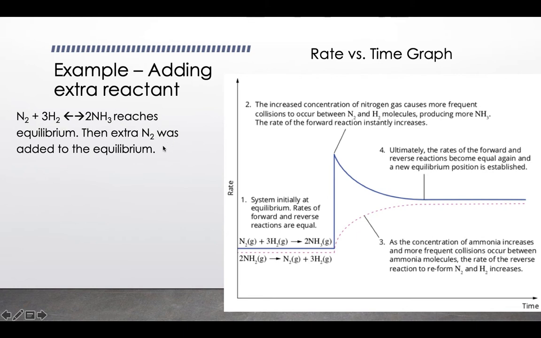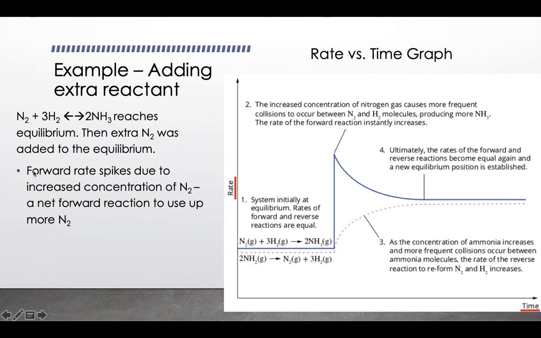The immediate effect on the system is that the forward reaction rate will spike, due to an increased concentration of one of the reactants. From collision theory, we know that increased concentration of a reactant will increase the frequency of successful collisions. Therefore, a net forward reaction will occur.